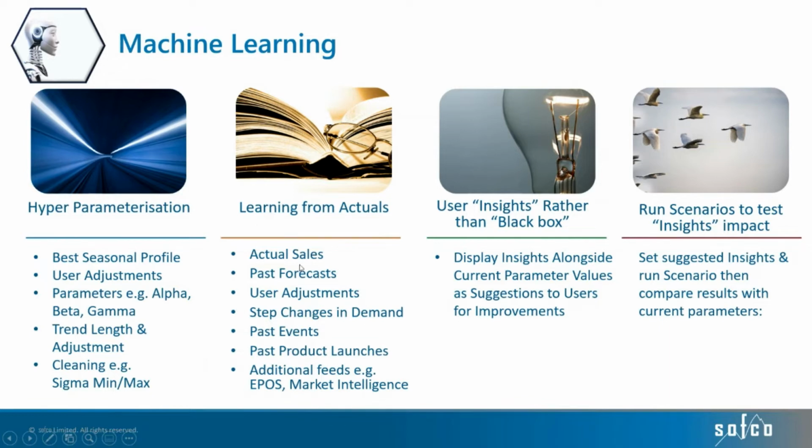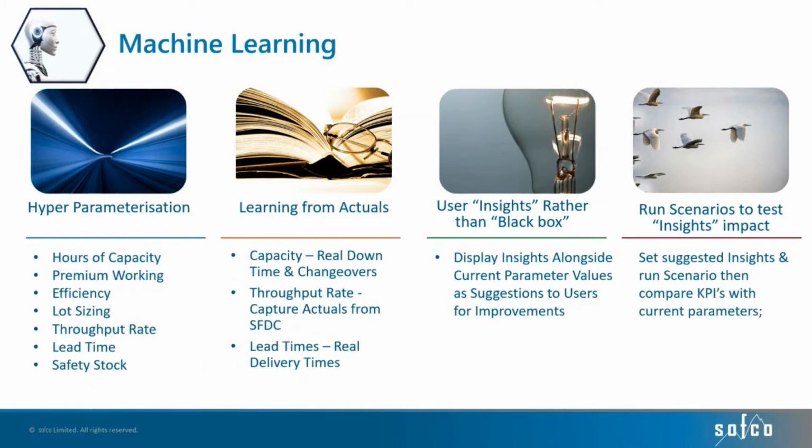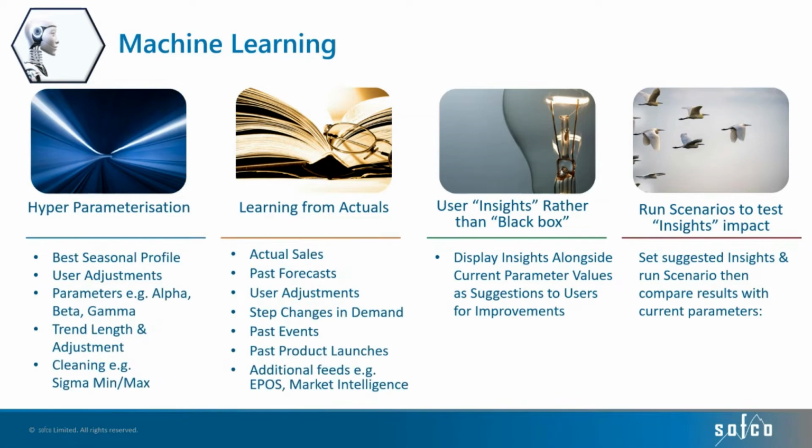So this could be actual sales for accuracy, could be user adjustments in forecast, could be throughput rates coming from shop floor data capture systems, and the system learns from how those parameters influence the actuals and then recommends insights.